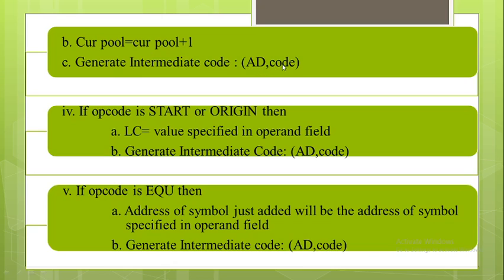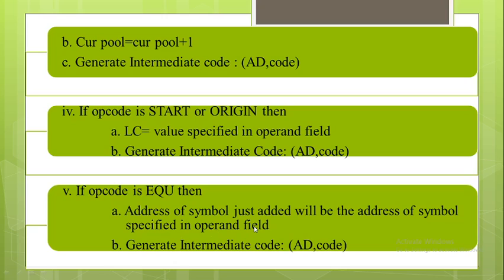If the opcode is start or origin, then it is going to initialize the location counter with the value specified in the operand field. As these are assembler directives, it will generate the intermediate code AD with the corresponding code. If the opcode is EQU, then the address of the symbol just added will be the address of the symbol specified in the operand field.